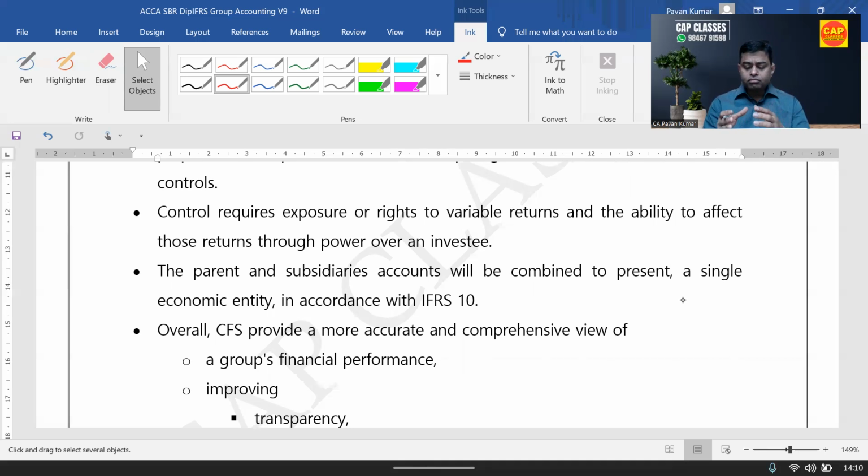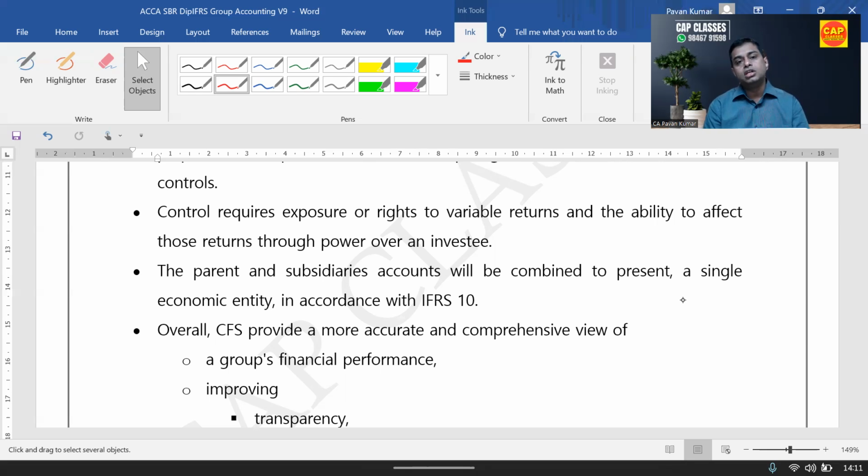So for example, in the Indian context, I'll give you one example. Look at Reliance Industries and Reliance Jio. Reliance Industries is the parent company, Reliance Jio is a subsidiary. So either Reliance Industries will have more than 50% of the share capital in Reliance Jio, and that is one way of controlling it. Or imagine their stake is only 30% or 35%, even then you can control the other entity by way of contract.